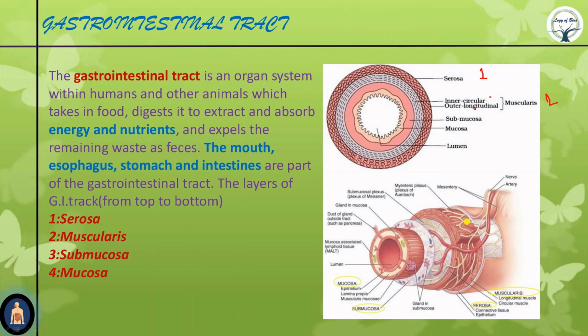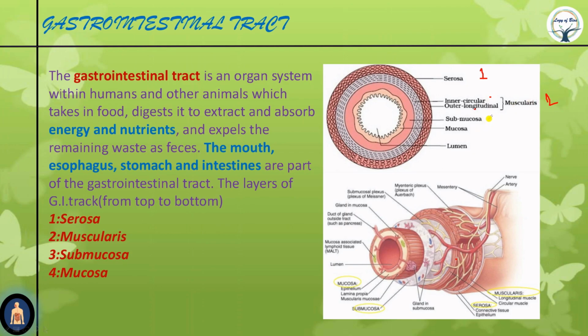And remember, throughout the GI tract we have these two muscularis. In the stomach there is one more muscularis layer added, that is oblique muscularis. They are slash shaped.